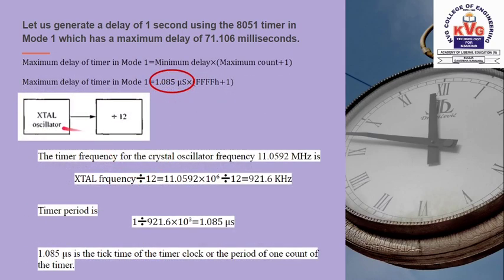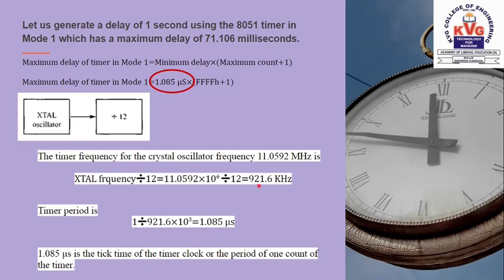To understand how we got this number, 1.085 microsecond, we'll just take a digression and see how to get this calculation. First we have to take the crystal oscillator frequency and divide that by 12. The timer frequency for the crystal frequency of 11.0592 megahertz is 11.0592 into 10 raised to 6 divided by 12, which is 921.6 kilohertz.